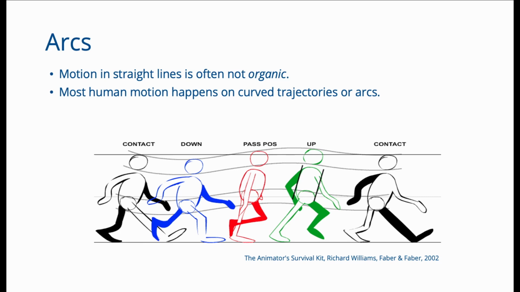Here is a principle of animation called arcs, and this one is very simple. This just says that most of the movement that organic objects go through are not in straight lines but in arcs. So here you can see a walk cycle has been animated and you can see that the head makes an arc or the hip makes an arc, and this should give you an idea of why we studied all those curves, right?